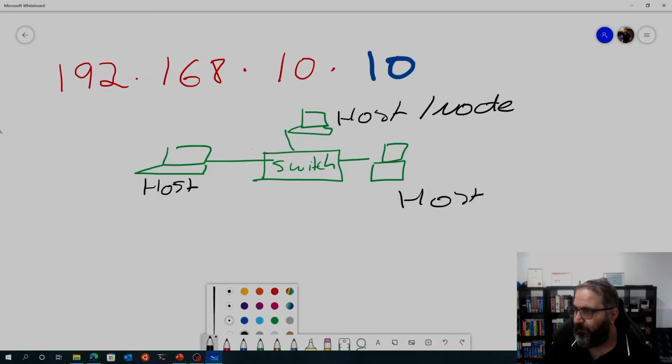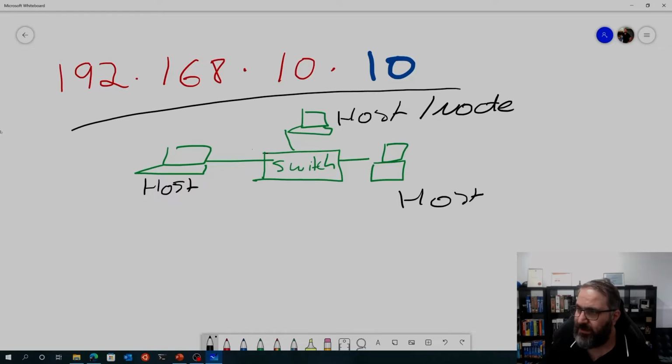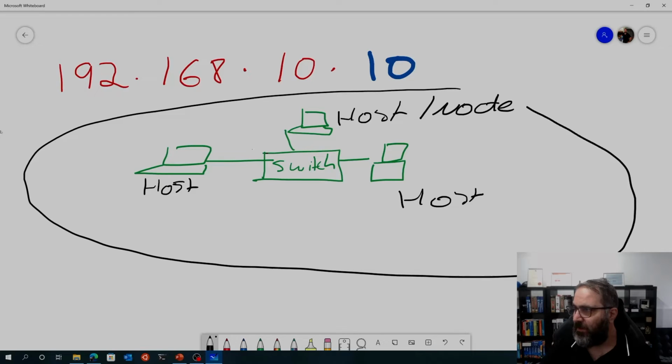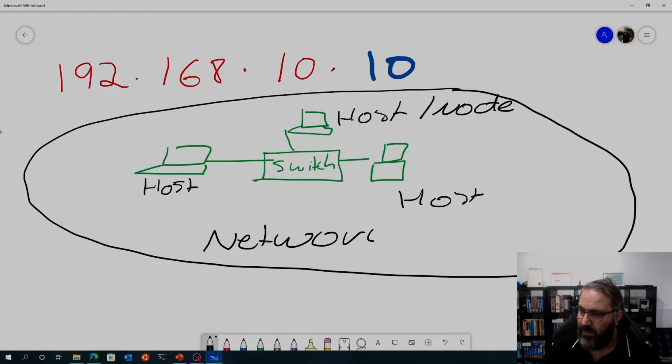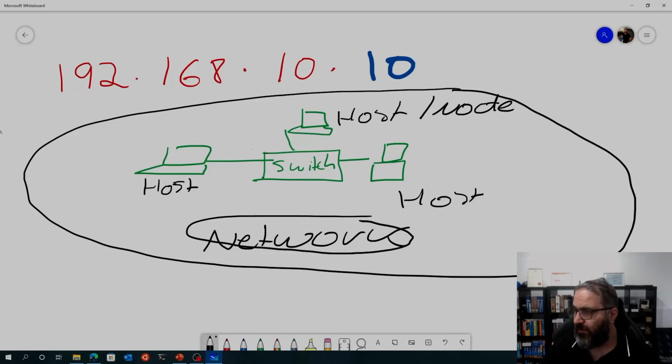So now, what is this? What exactly are we looking at here? We are looking at a network. Can you see where we're going with this? This is a network. These are hosts. How does that sound so far?